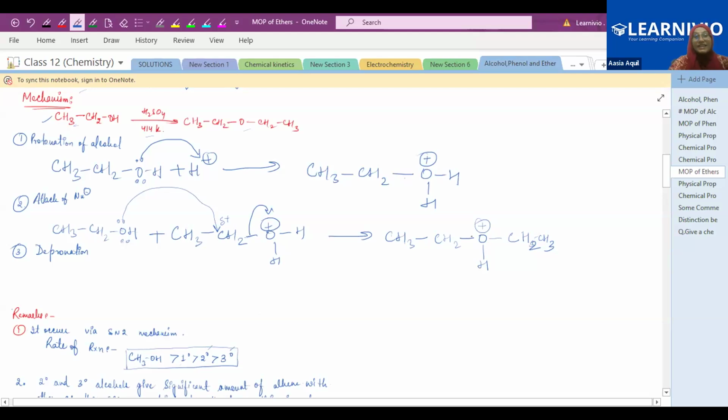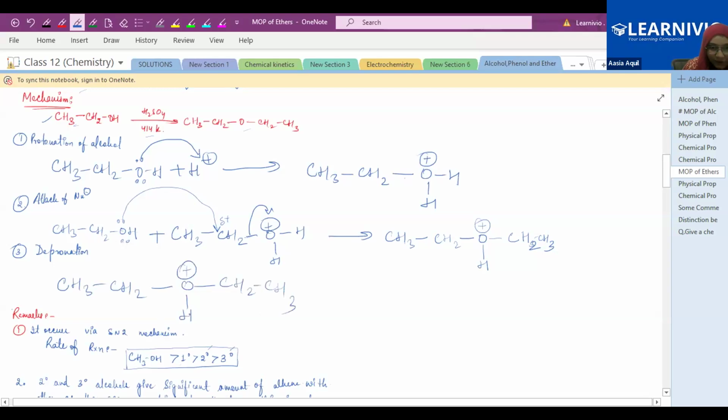Now, the third step will be the deprotonation. Here, there is a hydrogen. The hydrogen will be removed from here and the molecule will become unstable over here. So CH3, CH2, and this is oxygen, hydrogen over here, plus charge, CH2, CH3.